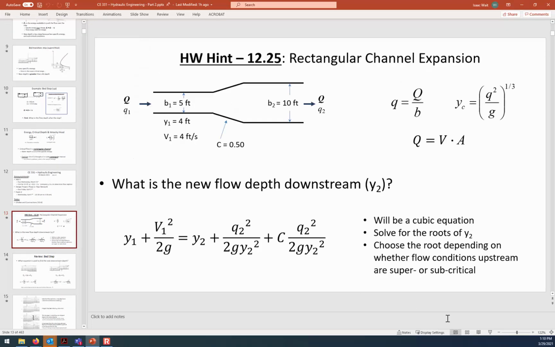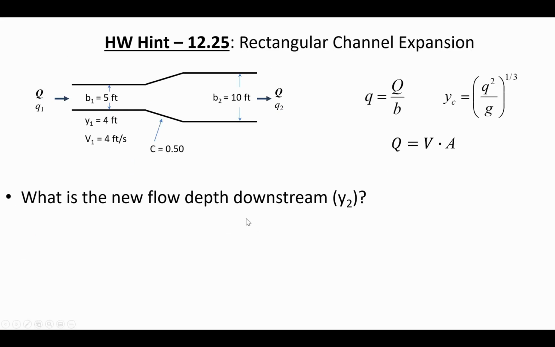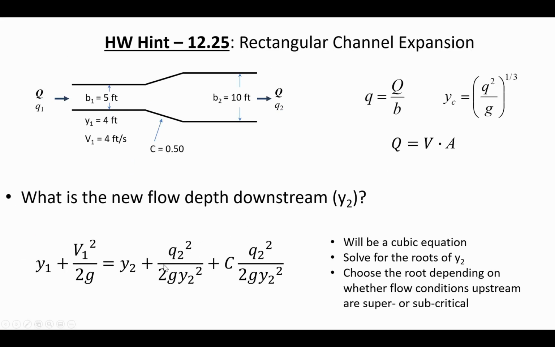What I'm saying is that we can also write the velocity head in terms of flow per unit width, lowercase q. So here's the velocity head. And the reason why this is advantageous for us is that it allows us to solve for the unknown depth, y2. So the only unknown in this equation is y2.